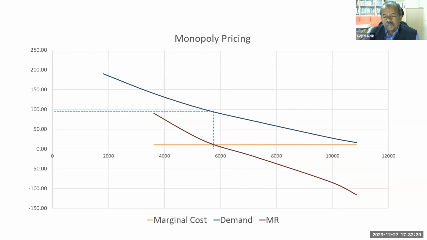So private firms would always be interested in maximizing profit, and they would actually supply about 5,700 kiloliters or so instead of close to 10,000 kiloliters, and they would charge close to about 97, 98 rupees per kiloliter instead of the 30 rupees that we had come up with earlier, right?